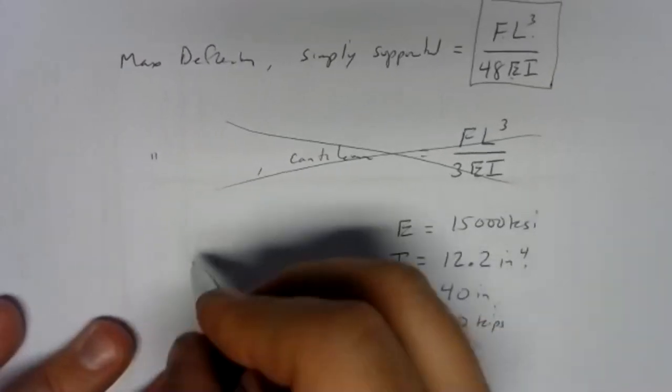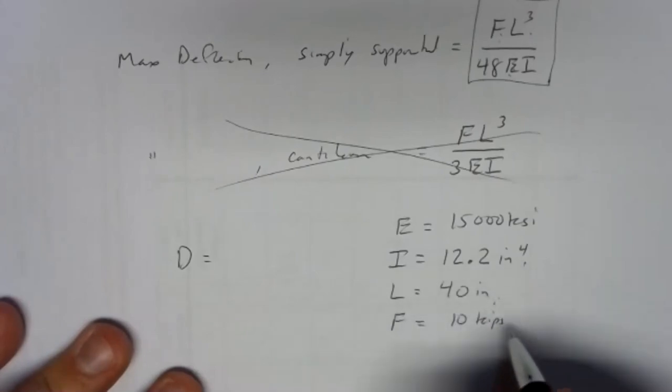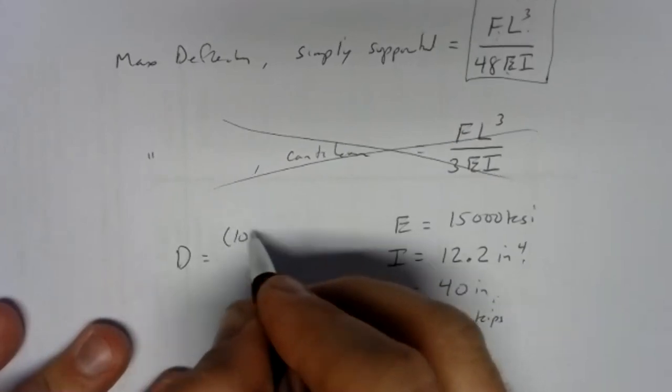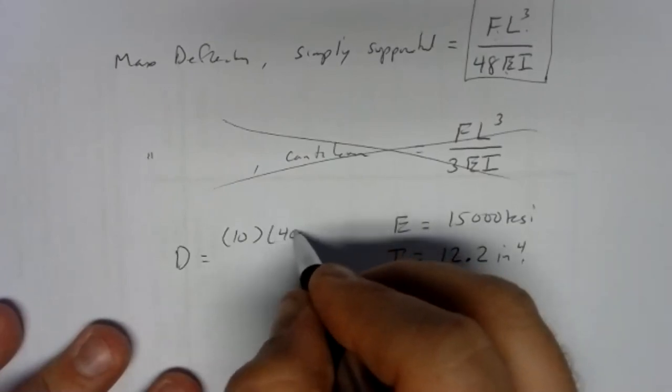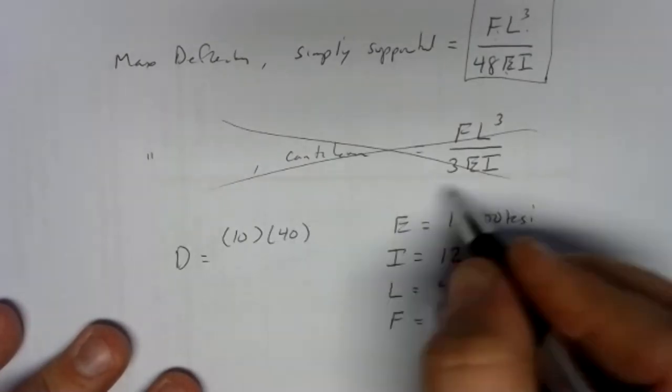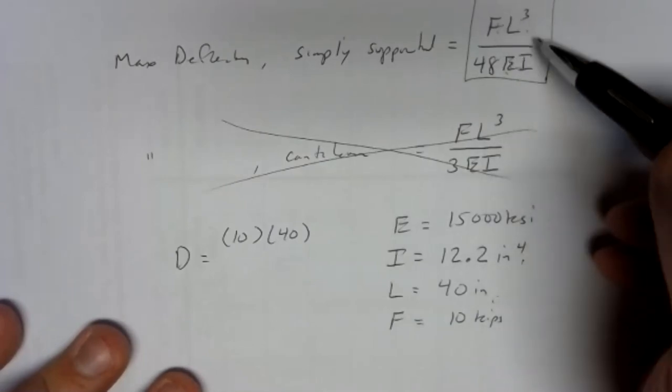So our max deflection is going to be FL cubed. Well, F is 10 kips. L is 40 inches, and you don't even have to write the units down once you've got them consistent. Kips and KSI, inches and inches.